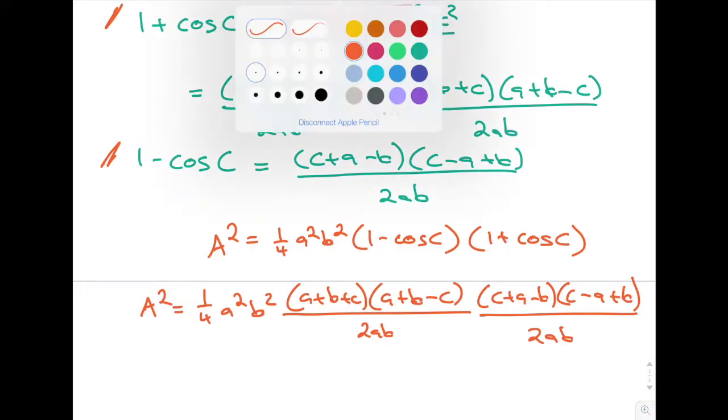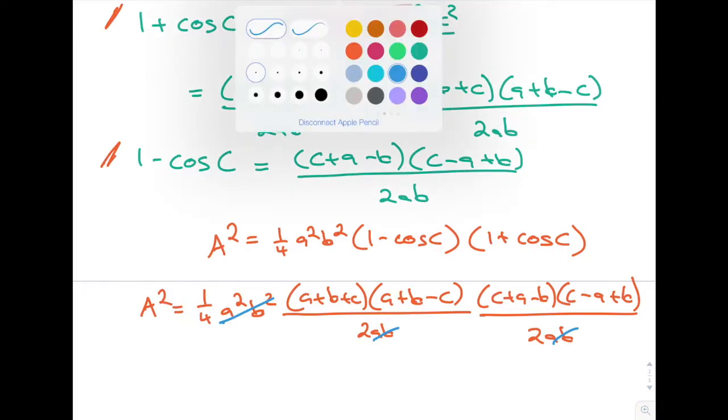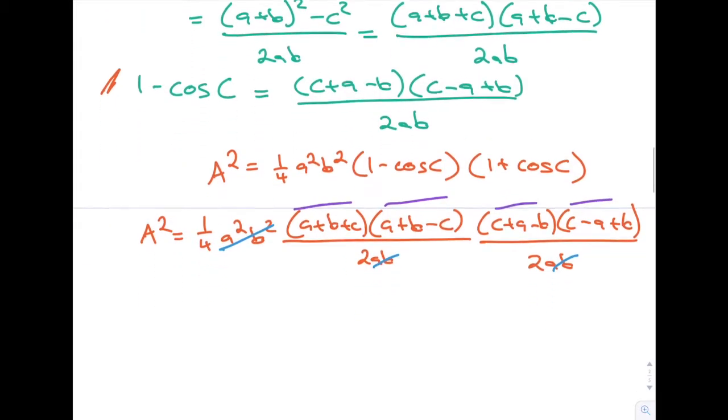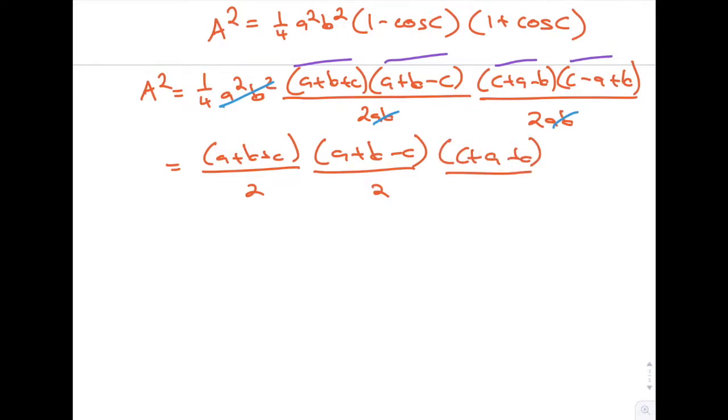So this a squared b squared here will cancel those two abs. And if we have 1/4 over 1/4, we can think of that as a distribution of 2's along these terms. That is, we'll write it out like (a plus b plus c)/2, (a plus b minus c)/2, (c plus a minus b)/2, and (c minus a plus b)/2.